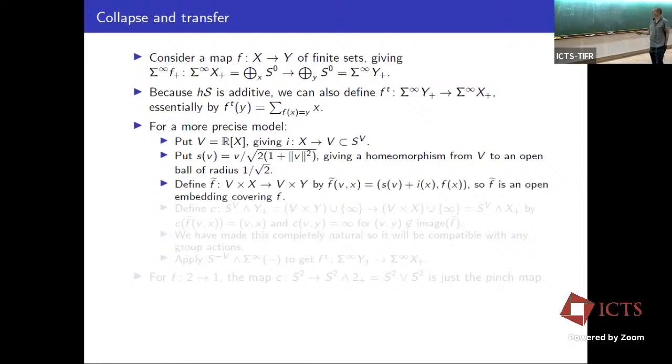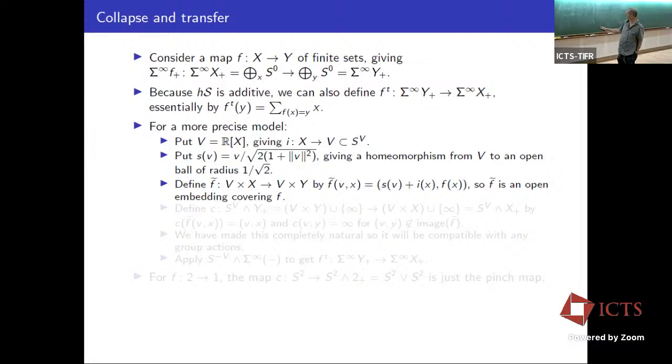So I can define a map F tilde from V × X to V × Y. F tilde of (v, x) is going to cover f, so as my second factor, I just send x to f(x), but I'm also going to send v to s(v) plus i(x).